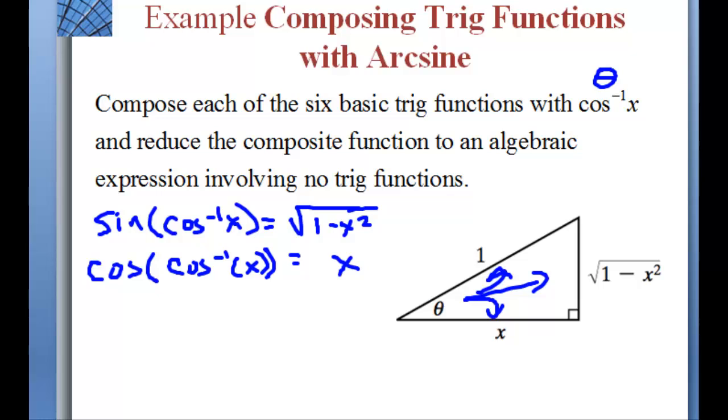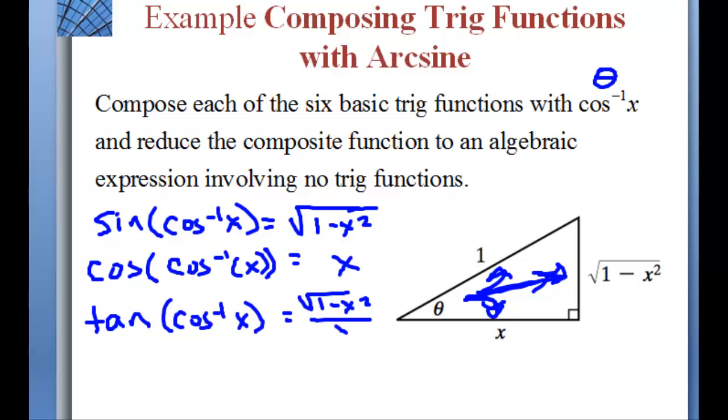Here we have the cosine inverse of x composed with a cosine gives us x back. And tangent of the cosine inverse of x is going to be the opposite over the adjacent, which would be the square root of 1 minus x squared over x. And the other 3 will just be the reciprocals of these.